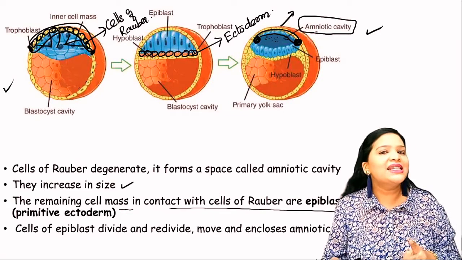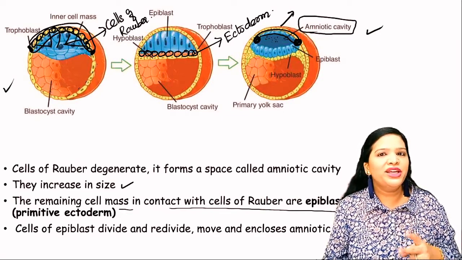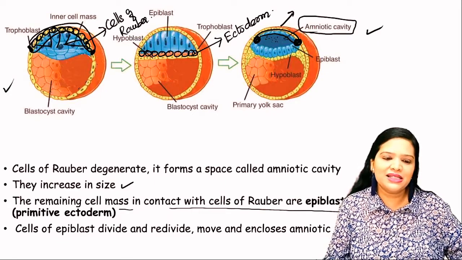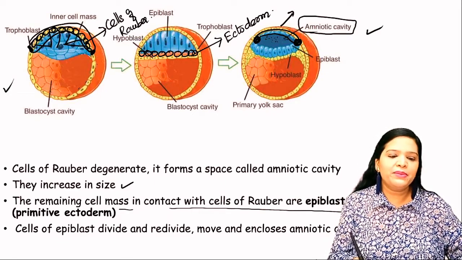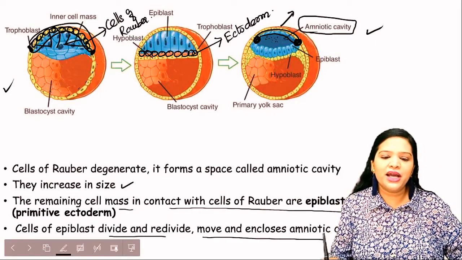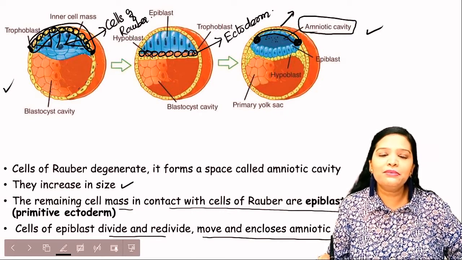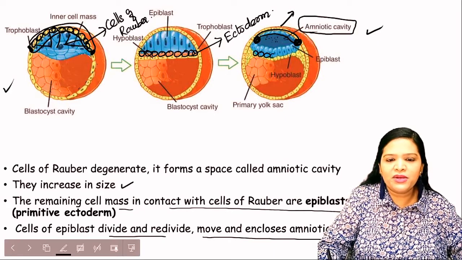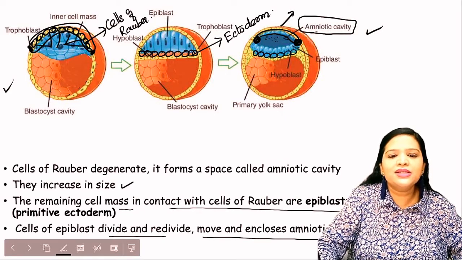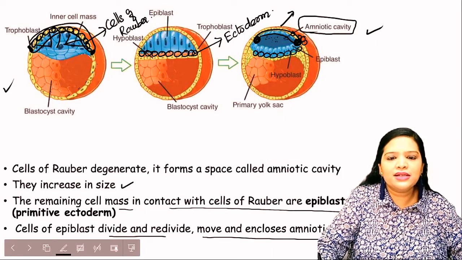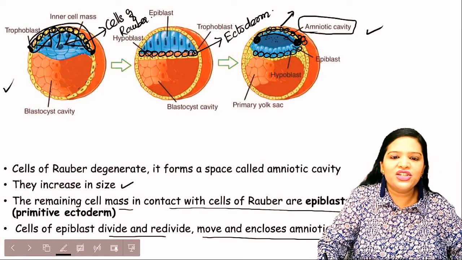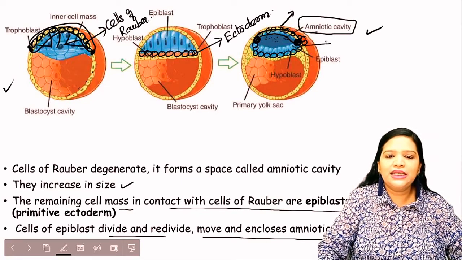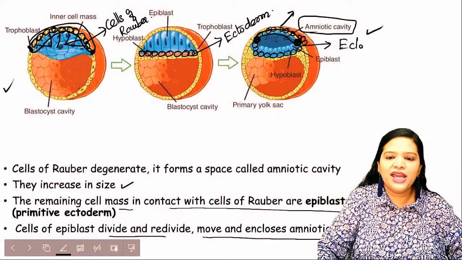This is the second germ layer to be formed. The cells of the epiblast divide and redivide, move and enclose the amniotic cavity. For example, if epiblast is formed here, they divide like this and close the complete amniotic cavity like this. So now this is the ectoderm layer.